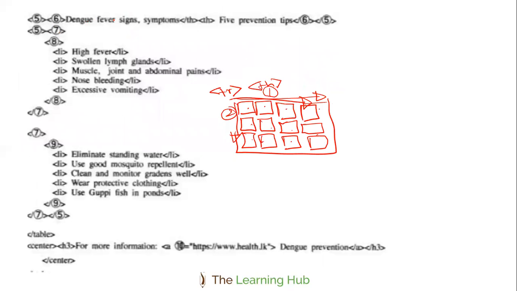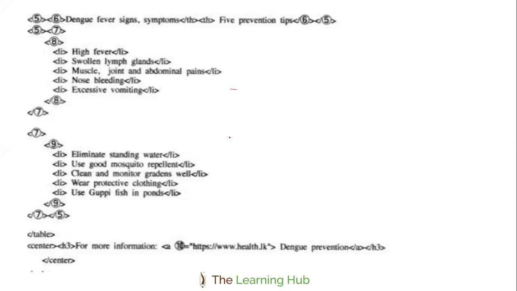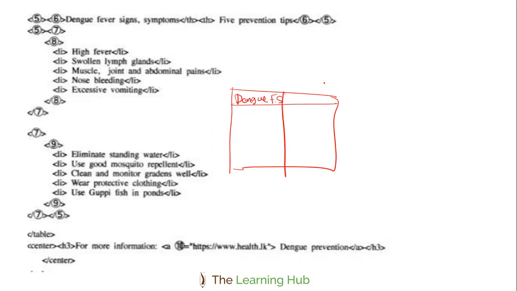The first one is dengue fever signs, symptoms, and prevention tips. So this table probably looks like this. So table heading is over here. Dengue fever signs, and then prevention tips.